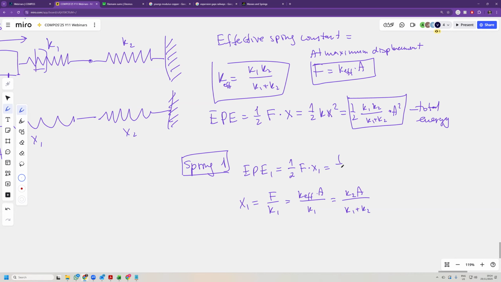So it's 1/2 multiplied by K1 multiplied by X1 squared. Let's use this formula: 1/2 multiplied by K1 multiplied by K2A divided by K1 plus K2, squared.